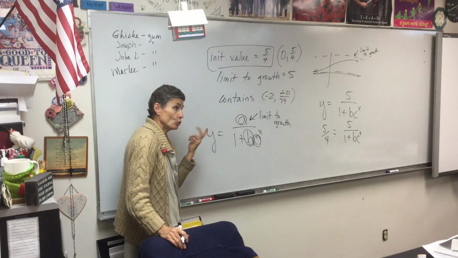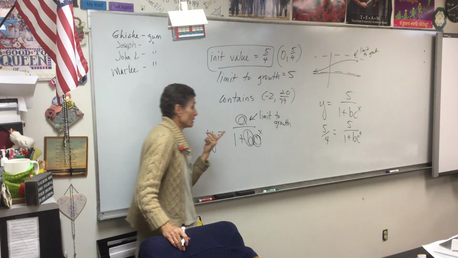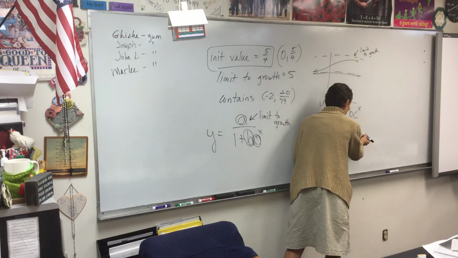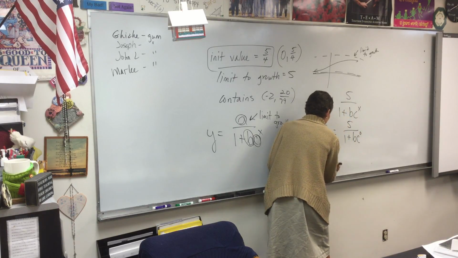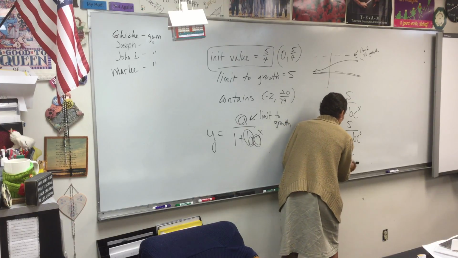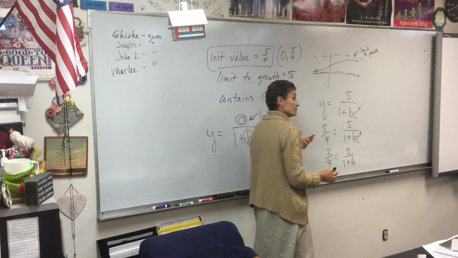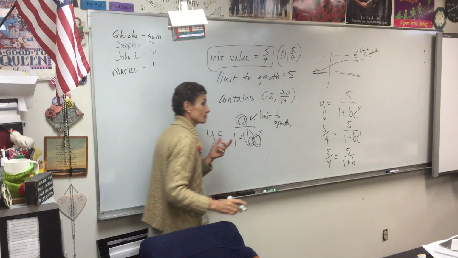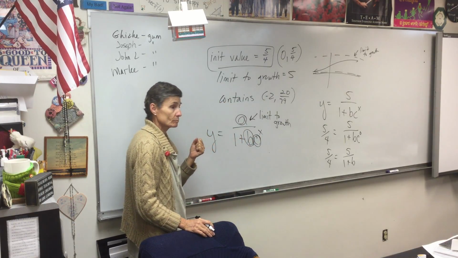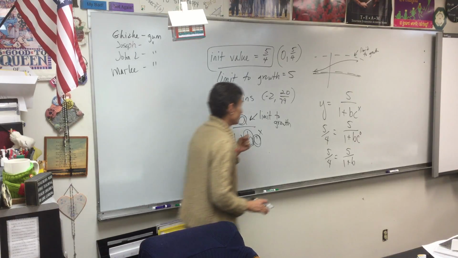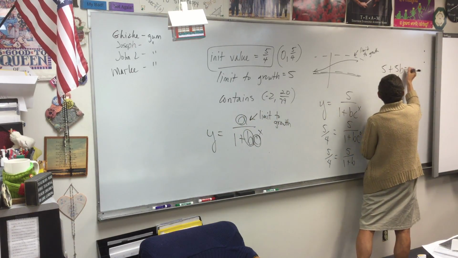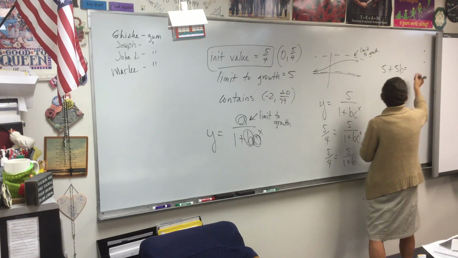Now, why is that kind of cool? Because this is just 1. So what I really have is 5/4 equals 5 over 1 plus b. How do I solve that? Cross multiply. So 5 plus 5b equals 20.